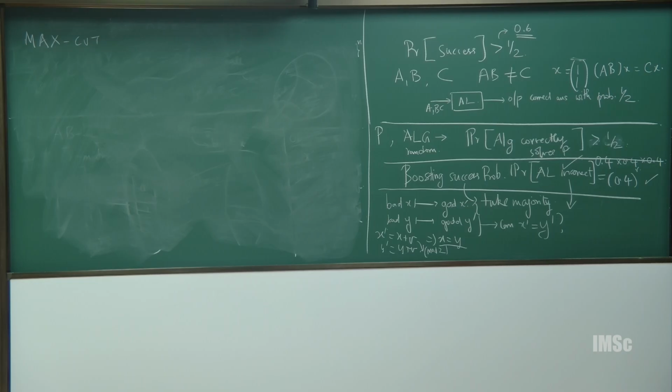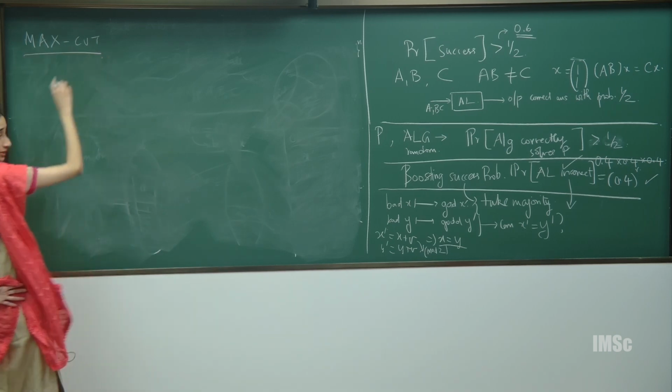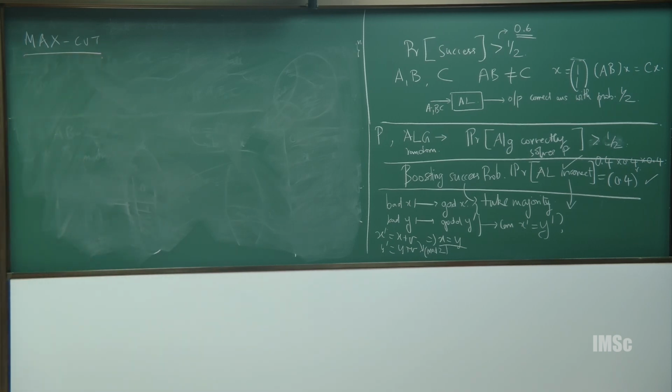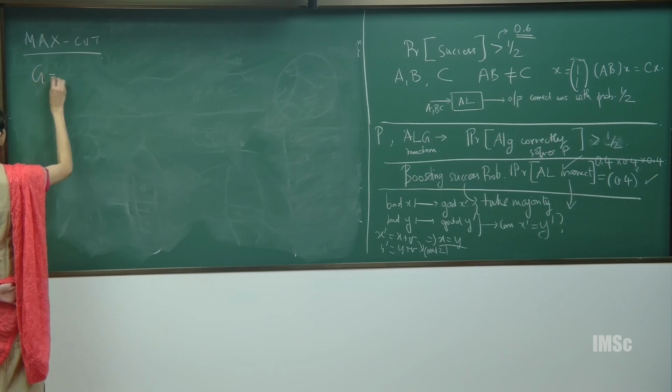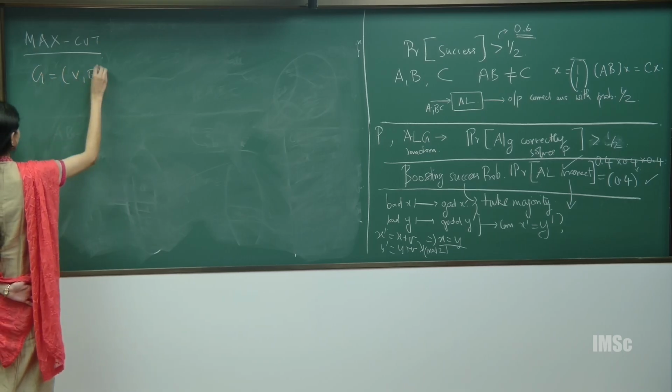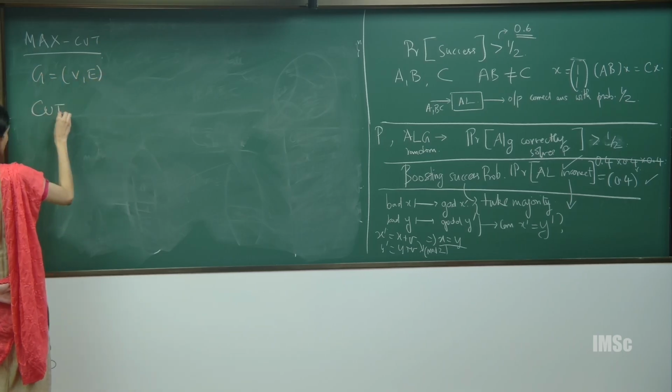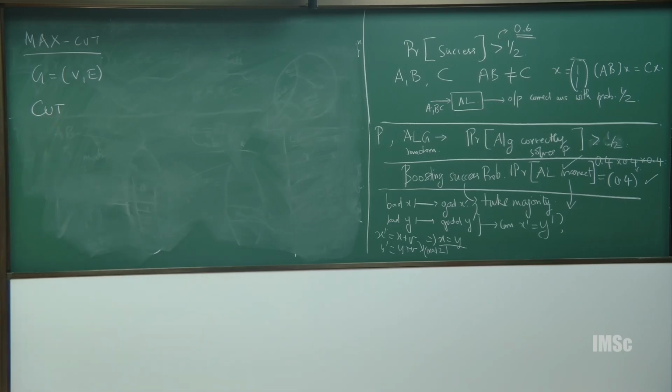Okay, so this next problem, maybe 15 minutes. So have you heard of this problem? I don't know, did Venkatesh mention? He didn't. Okay, so G is a graph. Have you heard of cut in graphs? I don't know. Yes, no? Okay.